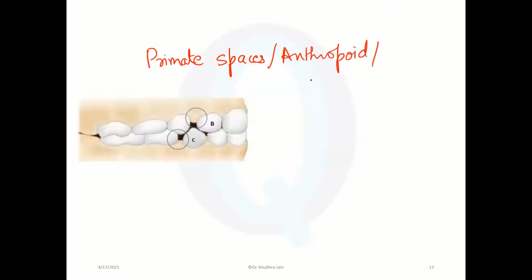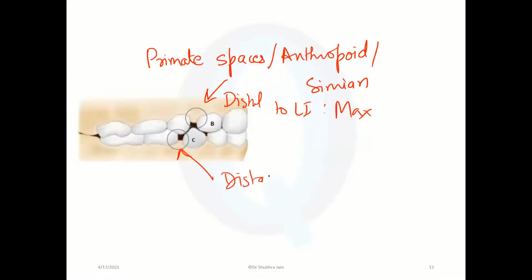Now, these are the primate spaces. Somebody was asking me the position of primate, anthropoid, or simian spaces. What is the location? It is distal to the lateral incisor in the maxillary arch, and distal to the canine in the mandibular arch.